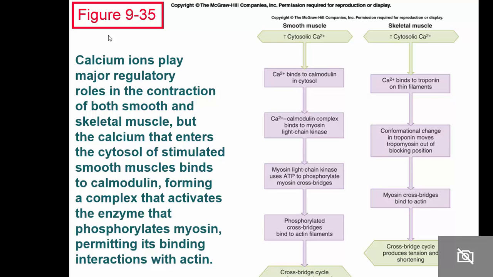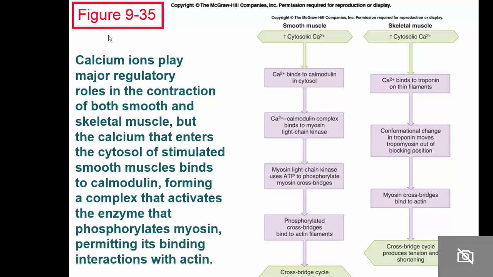How is that different than in skeletal muscle? In skeletal muscle, the head is always active. There is no off switch for it. As long as it's cocked back, it's going to attack. This one, you actually have to activate it. If this doesn't bind to the head and actin, well, in this case it's not tropomyosin, but let's say it wasn't covering it, the two don't connect.